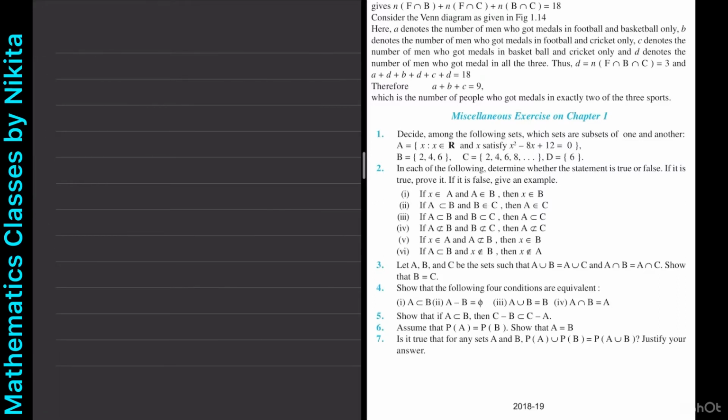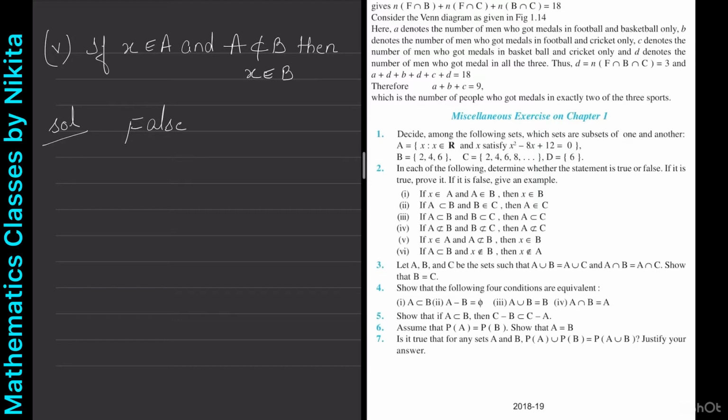Next, fifth one. What you have to tell is whether it is true or false: if X belongs to A and A is not a subset of B, then X belongs to B. So I am saying that this is false.